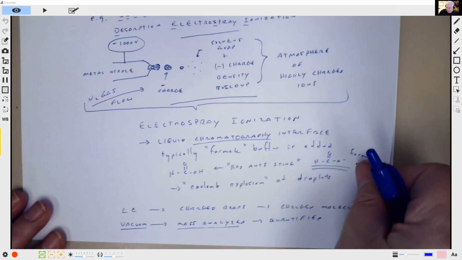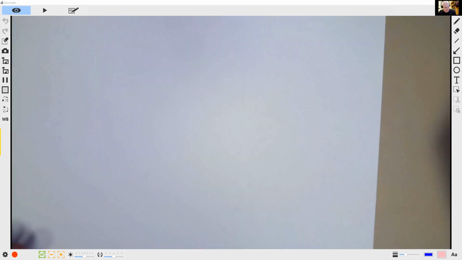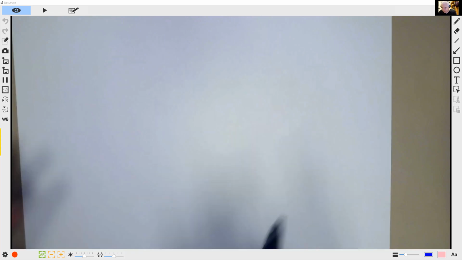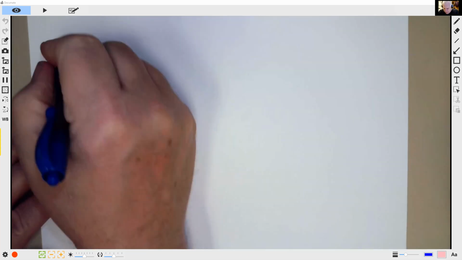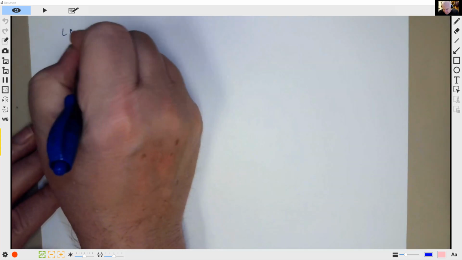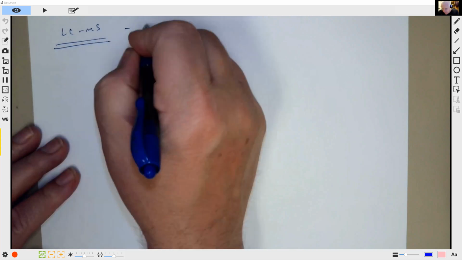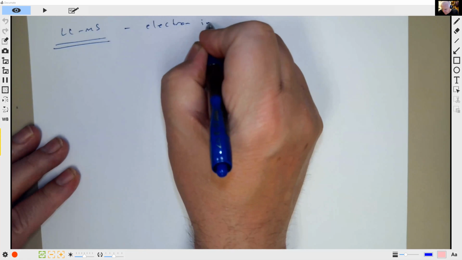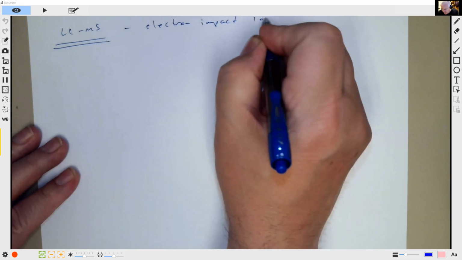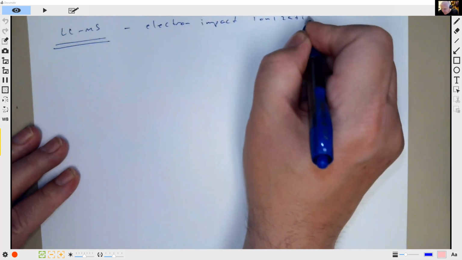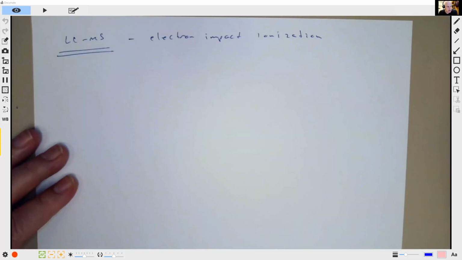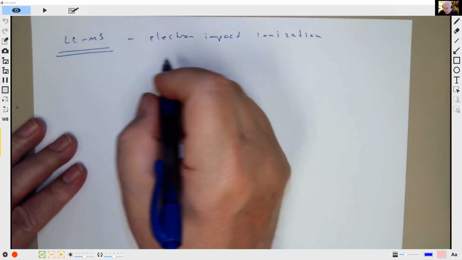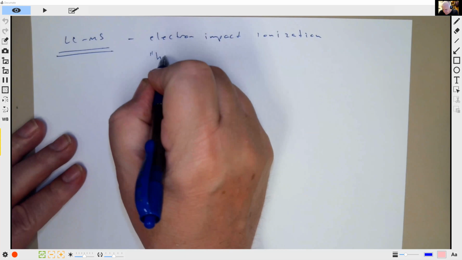so for LCMS and GCMS both... GCMS uses electron impact ionization, and that's a hard ionization method.